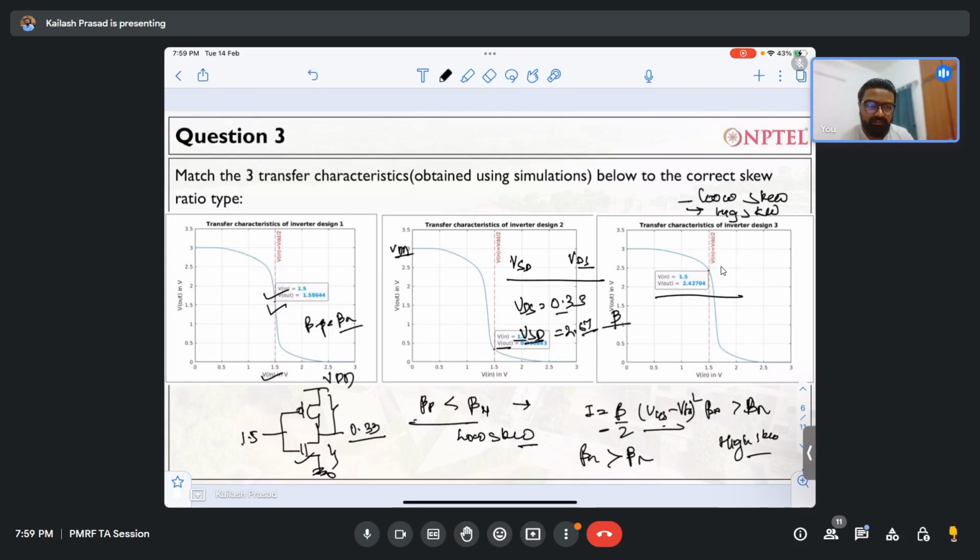Whichever transistor has the lesser VSD has the higher driving strength. So you can prove my argument here also. Everybody understood why I'm saying this?